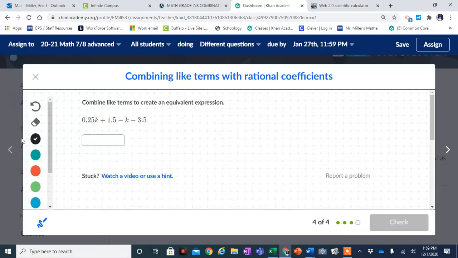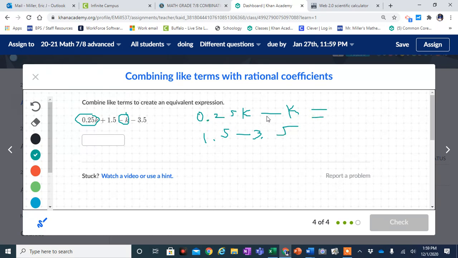So again, we need to combine like terms, so we combine the k's together. So we have 0.25k minus k, and then we have 1.5 minus 3.5.